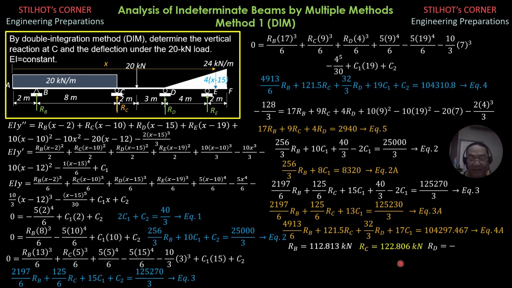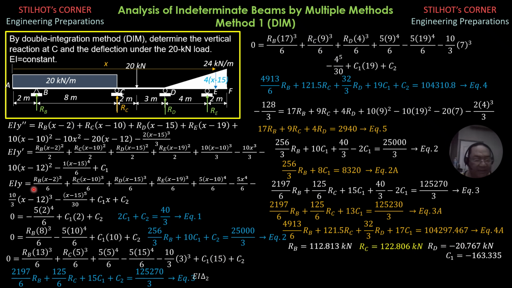RD is equal to negative 20.767, and C sub 1 is equal to negative 163.335.